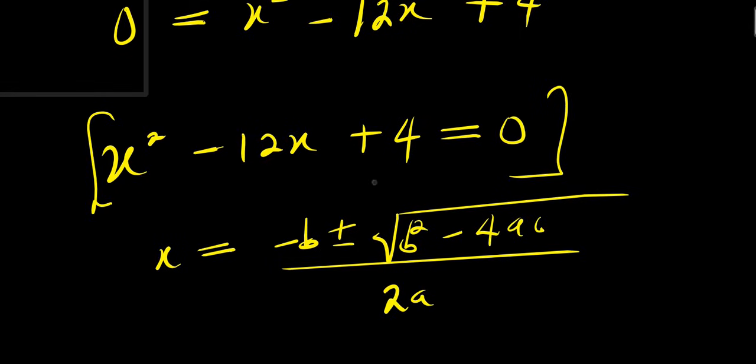Now, from here, a is 1, which is the coefficient of x squared. b is negative 12, and c is 4, which is the constant here. So we substitute everything right here.